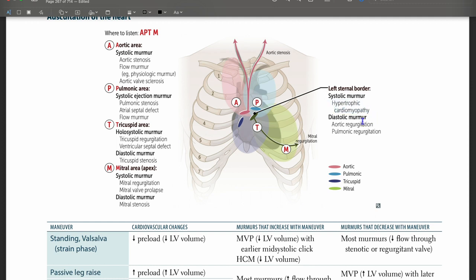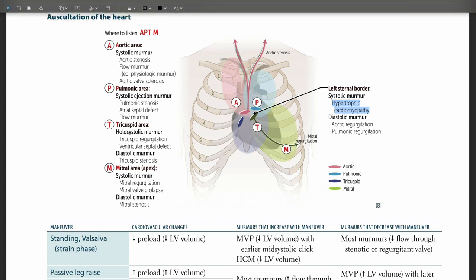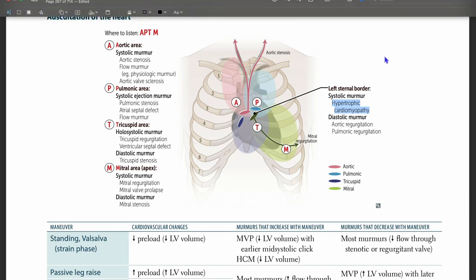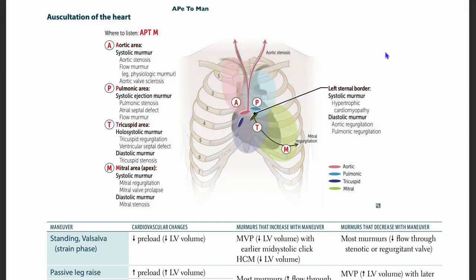That's because there's an increase in the interventricular septum, and so what happens is, imagine this is the aorta, okay, and normally this is your interventricular septum, right?